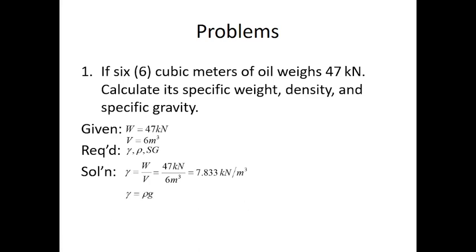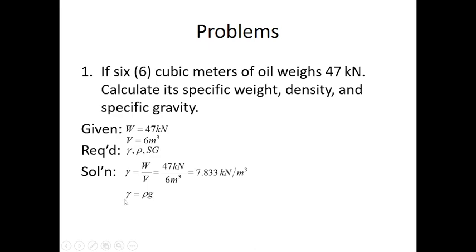Next, we are interested in finding the density of the oil. Recall this equation: the specific weight is equal to the product of the density of the substance and acceleration due to gravity.